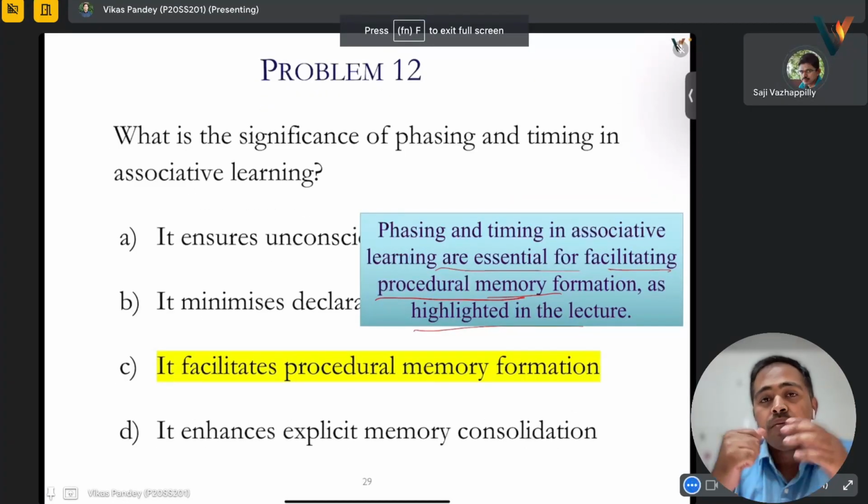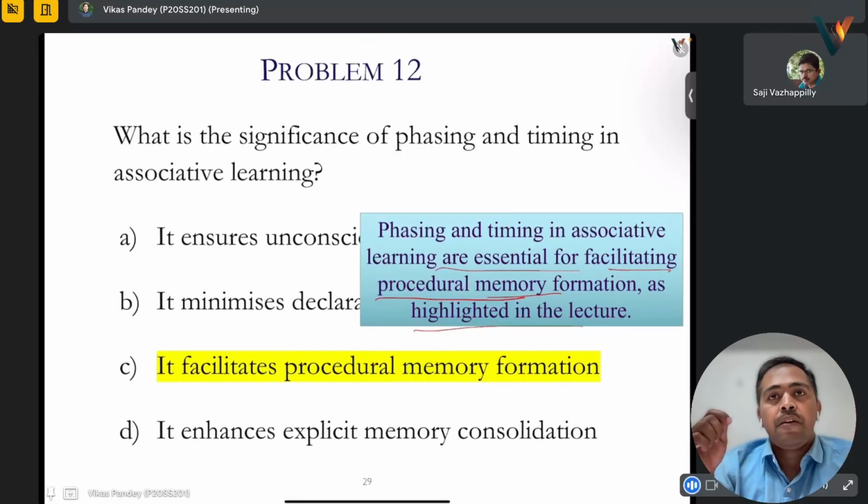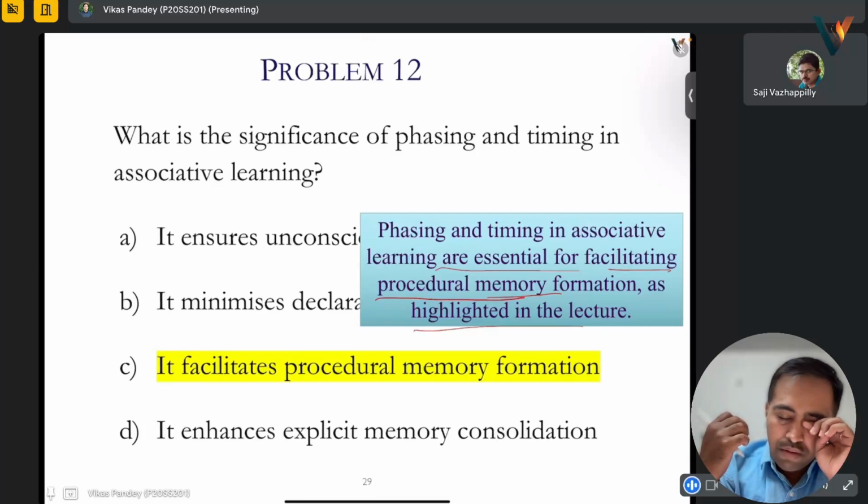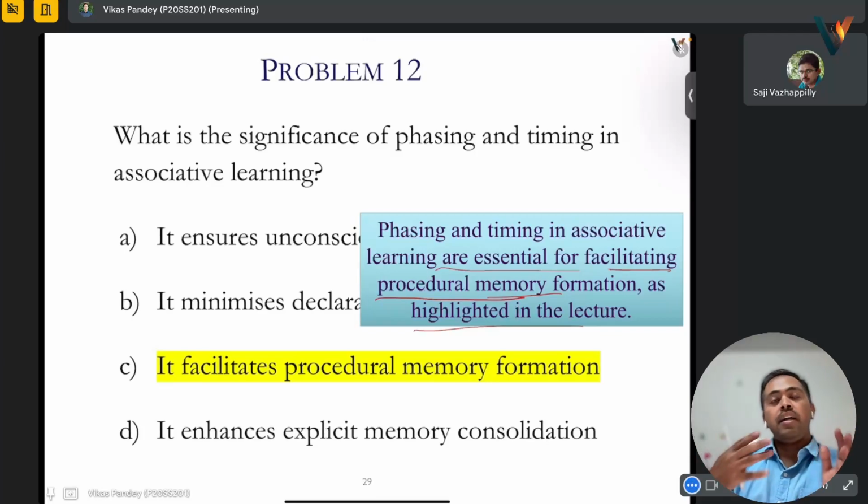Suppose you are practicing on the same road many times. At a certain place, automatically your hand goes towards the gear to change it, if you are on a manual system.